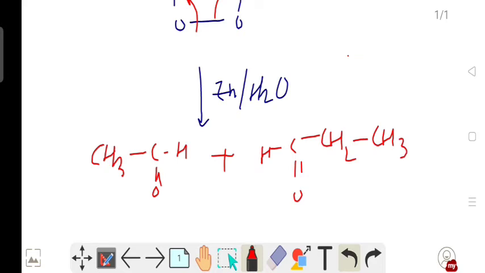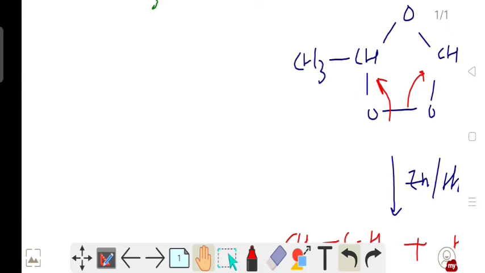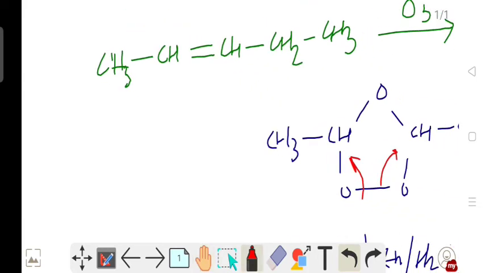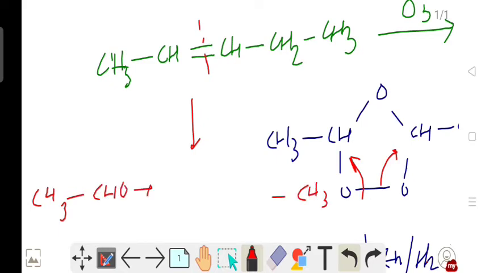So how can you get this final product? In just 20 seconds. Just break down these two bonds and use oxygen like this: CH3 CHO here, and another one is CH3 CH2 and here CHO. Then you can get the final product in only 20 seconds. So this is the trick for ozonolysis reactions.